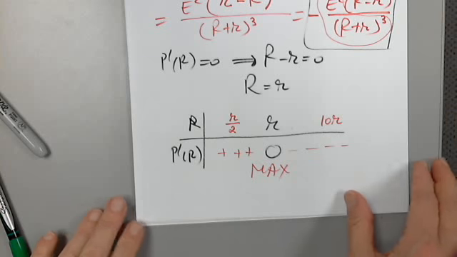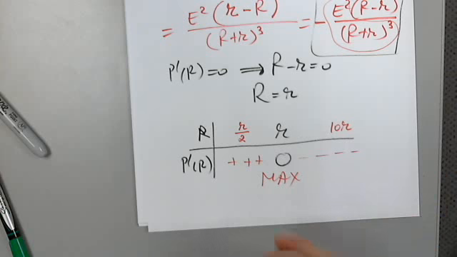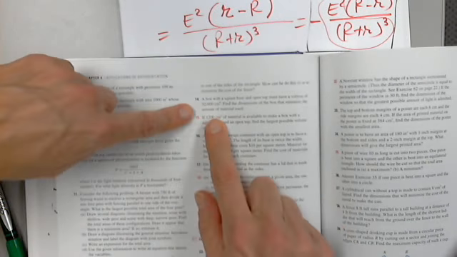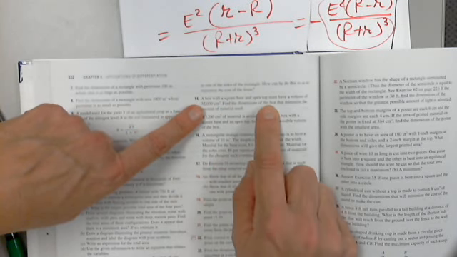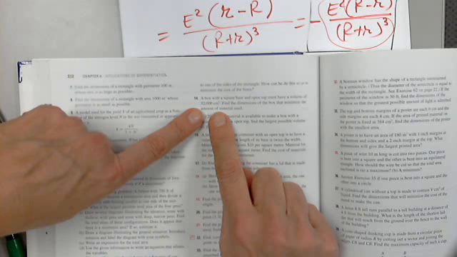I think the second one would be today, number 15 on 332. It was when you find the max value. Yes. Very good. Here's another. Right here on the top. 14. A box with a square base and open top must have a volume of 32,000 cubic centimeters.